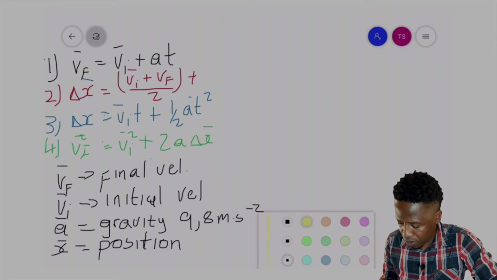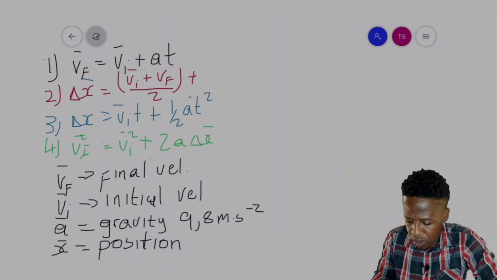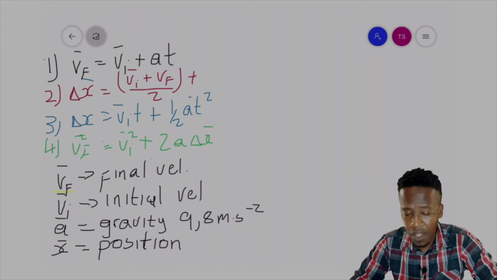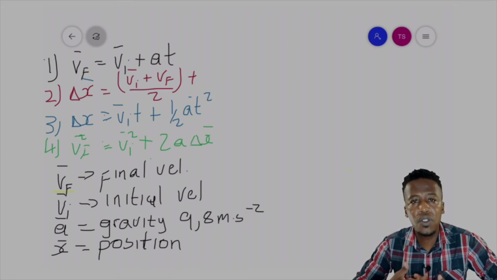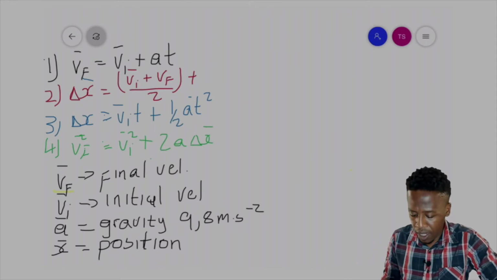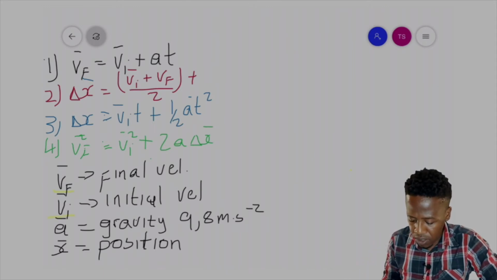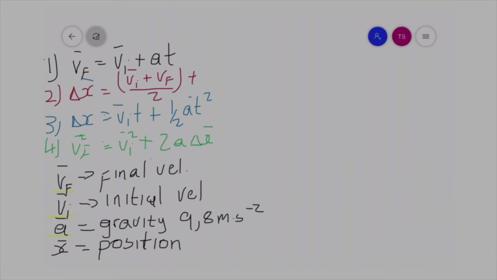Now, like I said, this is our final velocity, which is a vector. Now a vector, remember, if you're dealing with vectors, you need to have a magnitude and the direction of whatever you're dealing with, right? And then the second one is the initial velocity, and then we have gravity, and then we have position, and then last one would be time.